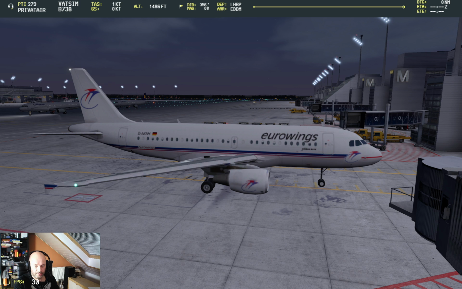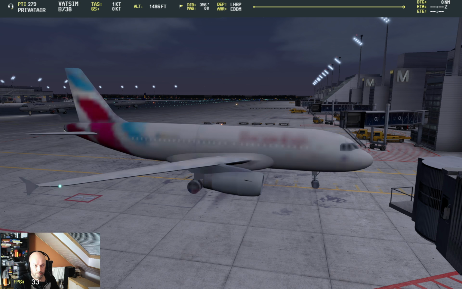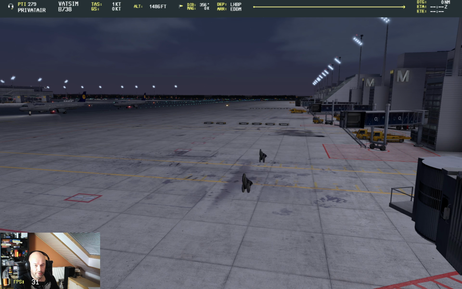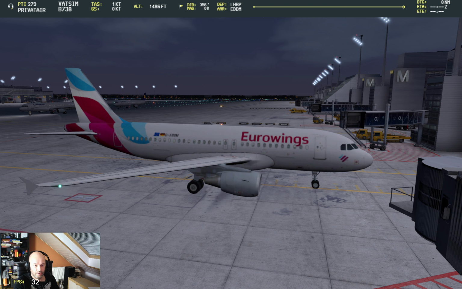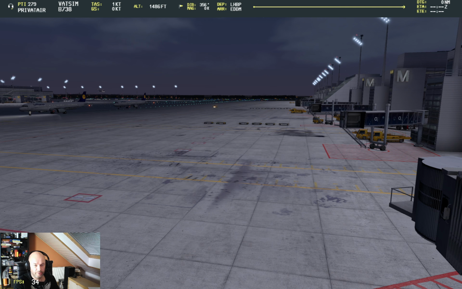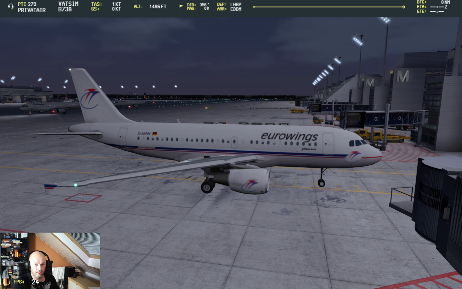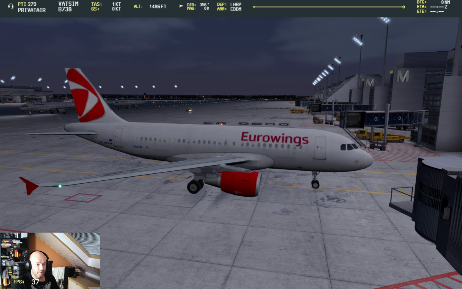Well, let's replace it with something else. Yeah, there it is. So I need to remove the old one. No, it's just this one, okay. Was it the BB, the Bluebell Airbus 319 Eurowings? Ah, that's the old model. Okay, so I have to remove that one from my model set. That's all. I see.